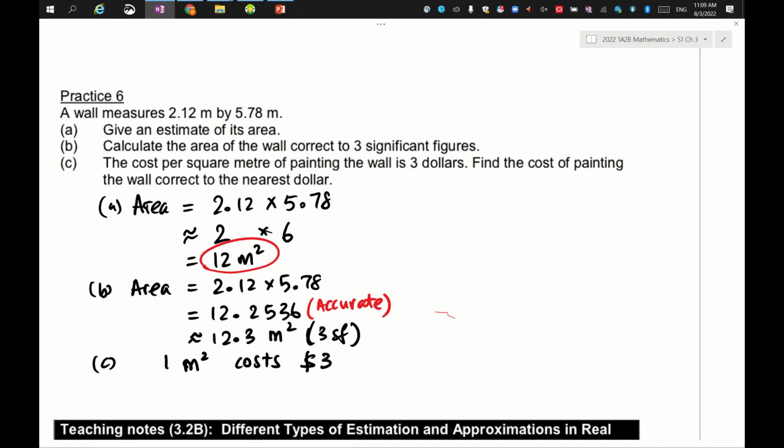Yes, you're going to use this one too. Okay, so there are 2 other values. I've circled the 3 values. Which one are you going to use to calculate the cost of painting the wall? The second one? The third one, 12.3.